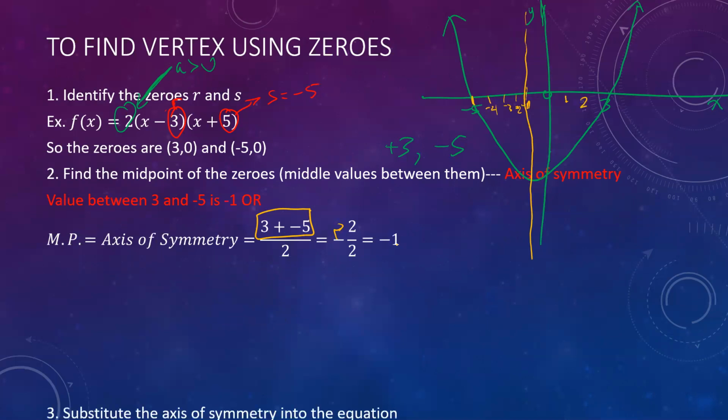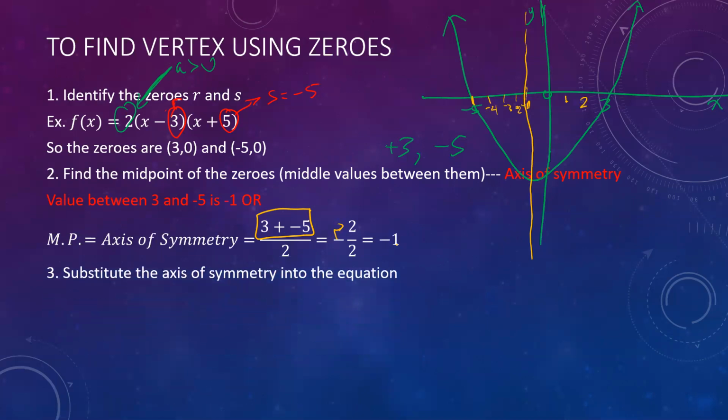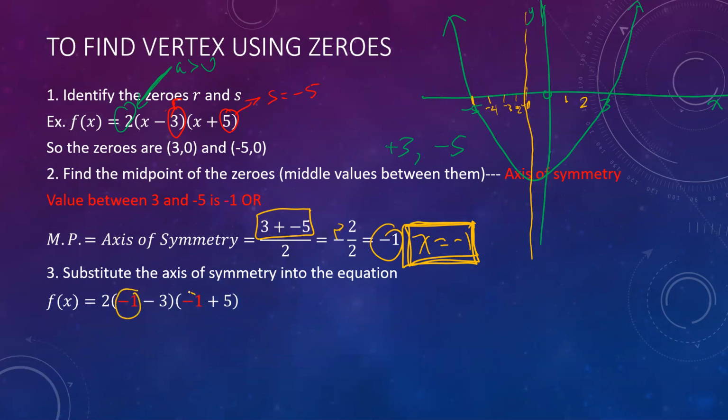what we're going to do is simply take the x-coordinate that we found, which is x equals -1, the axis of symmetry, and we're simply going to sub it into our equation or our function.